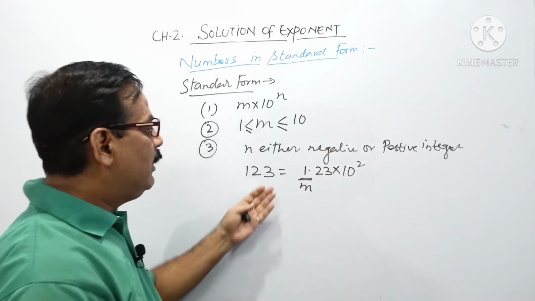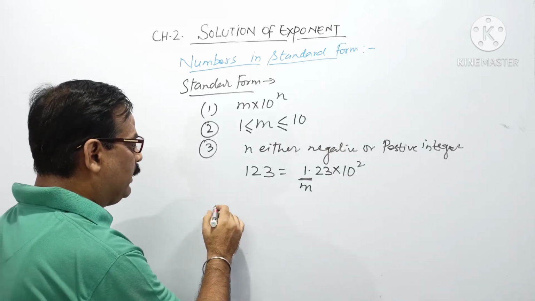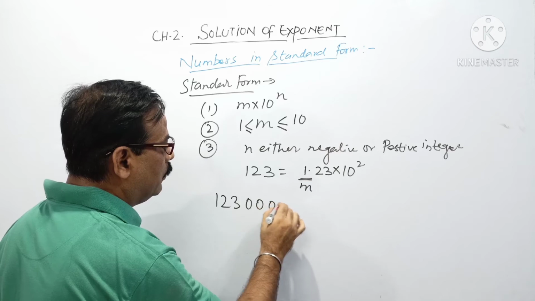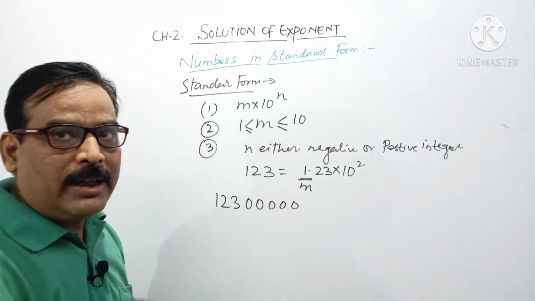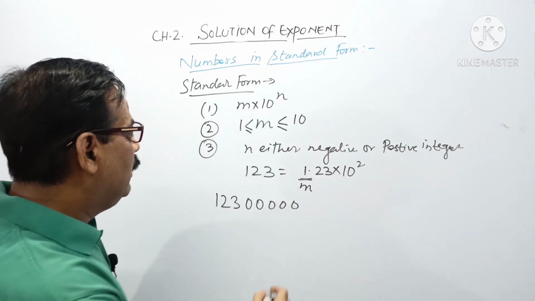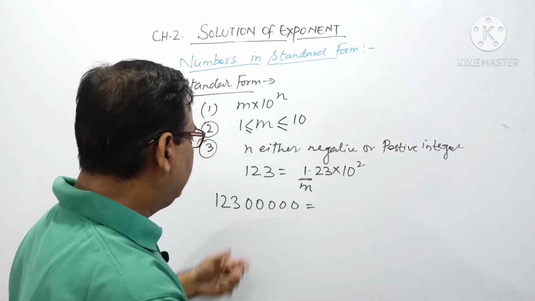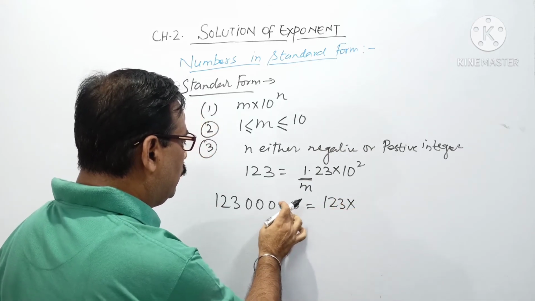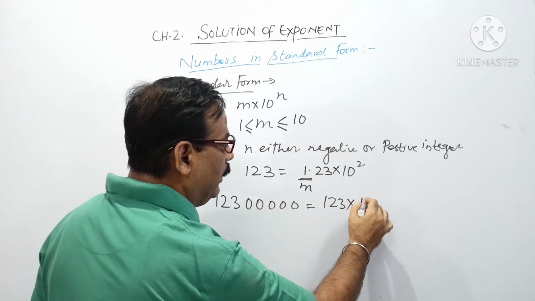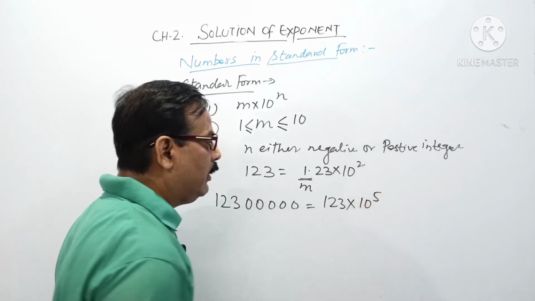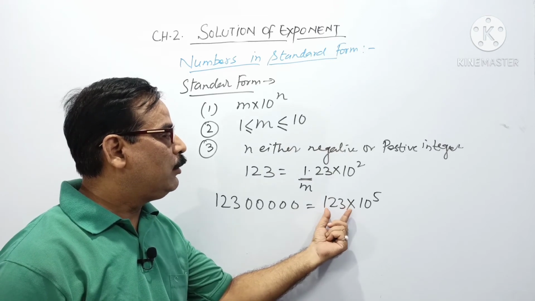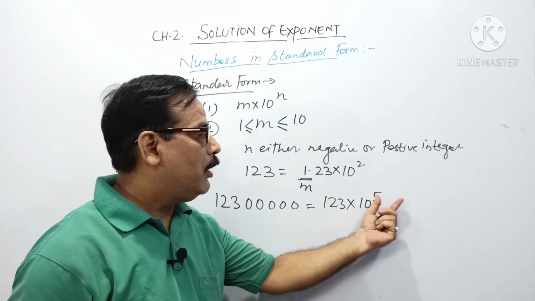So we can understand with another example. Suppose here is 1, 2, 3, 0, 0, 0, 0, 0. How can we write this in standard form? Here we get 123 into 10 to the power 5, since there are 5 zeros.